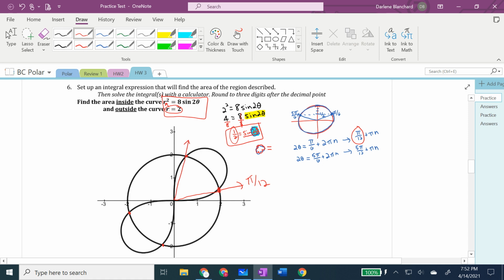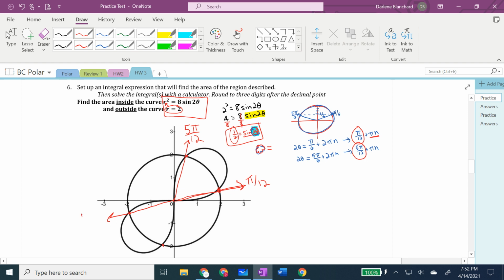This angle is going to be the next positive angle out, which is going to be 5 pi over 12. And then if you look at the idea of you're just adding pi n to get to the very next one, you can see that that makes sense just looking at this visual picture.